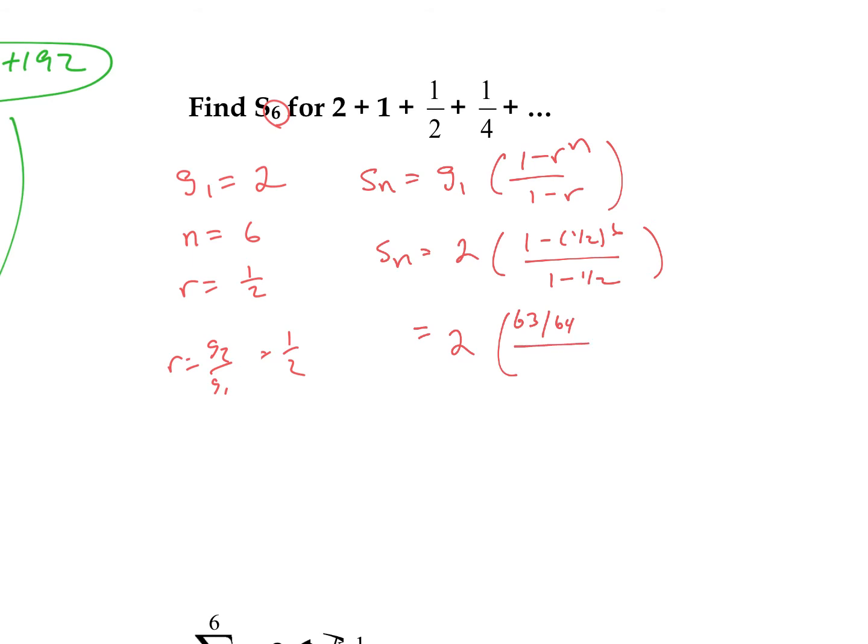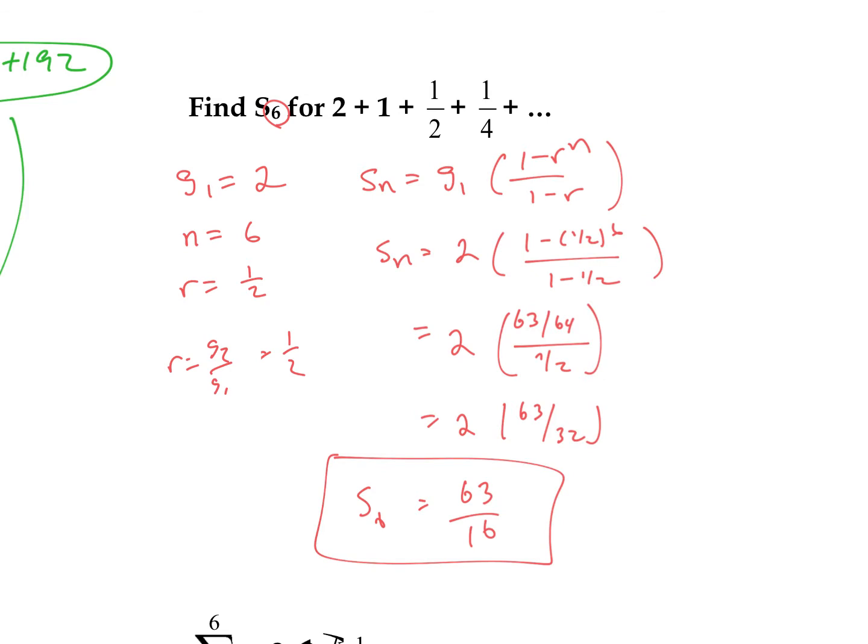I don't like decimals. 1 minus 1/2 is 1/2. So if I do 63 over 64 and divide that by 1/2, math, enter, you get 2 times 63 over 64, which is 63 over 32. Multiply it by 2, so you get 63 over 16 is S sub 6. And you got your answer. Always hit that trick, math and enter, convert it back to a fraction because it's easier to use.